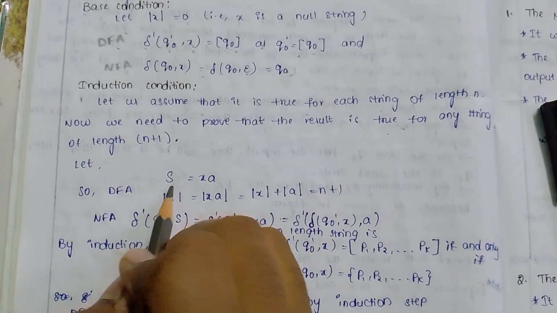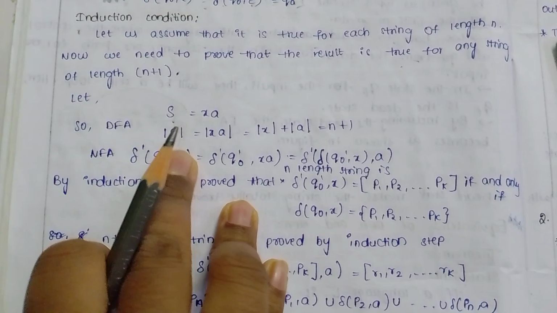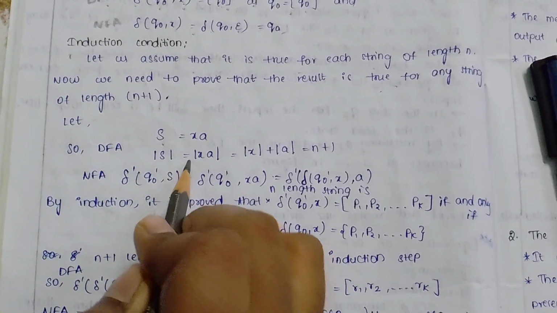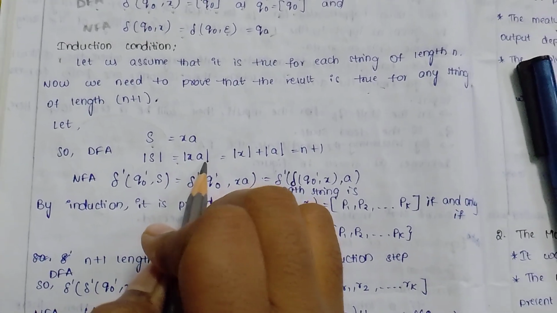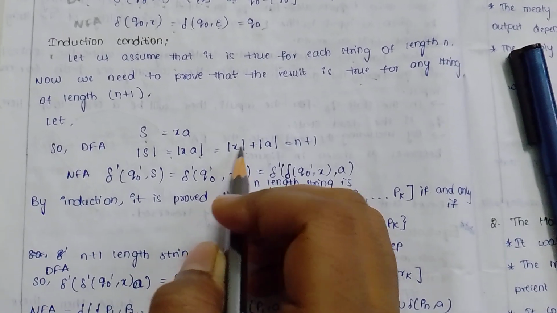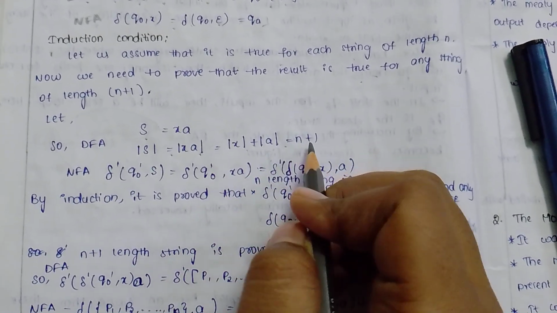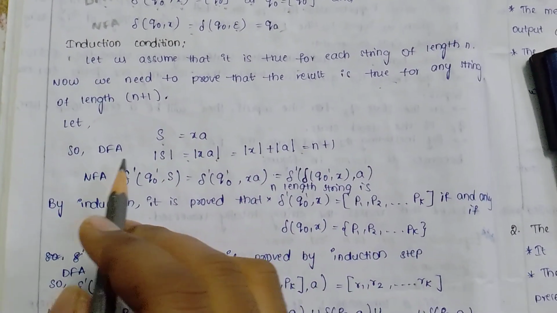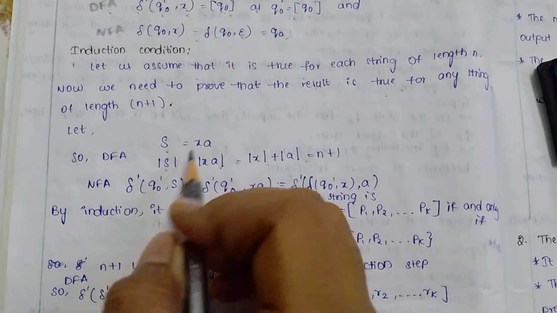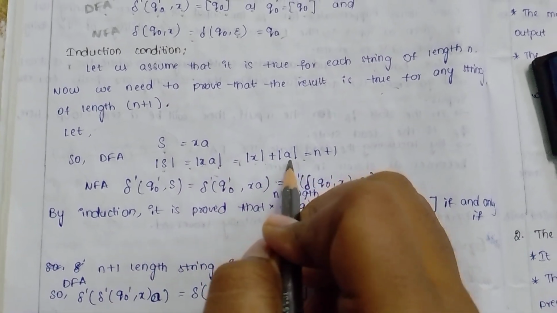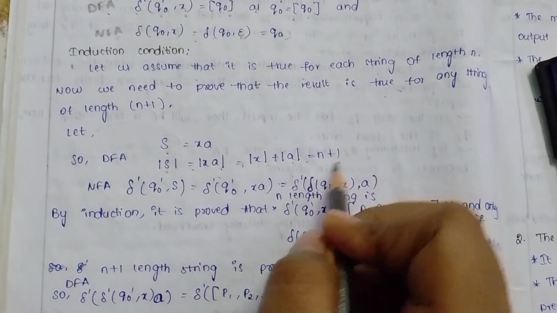We take s equal to xa. So in the DFA, |s| equals |xa|, which we can write as |x| plus |a|, equal to n plus 1 form.